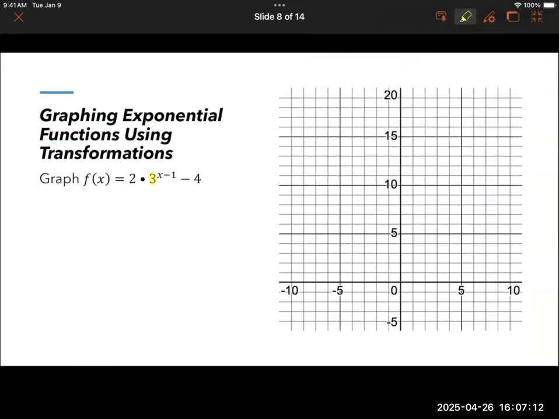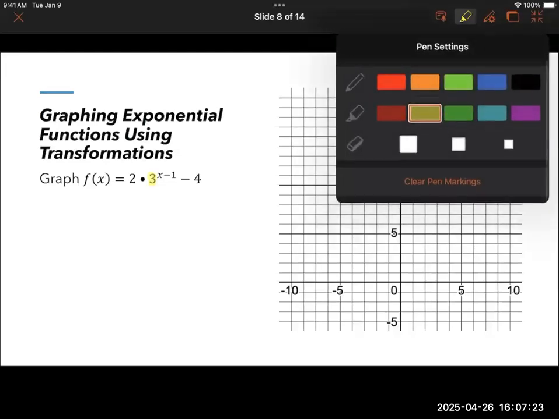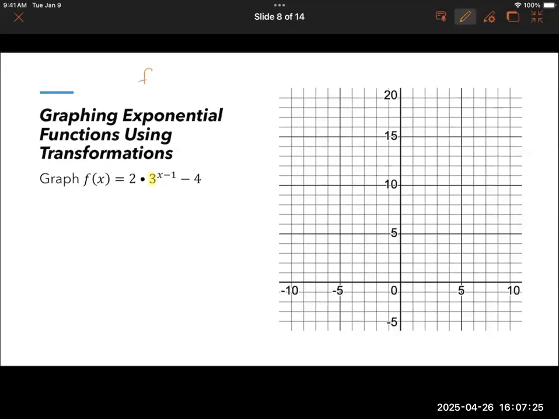So in this case, our b is 3. And then think about what the parent function is going to look like for 3 to the x. So just for a second, I'm going to think about f of x equals 3 to the x power. This would be the parent function.